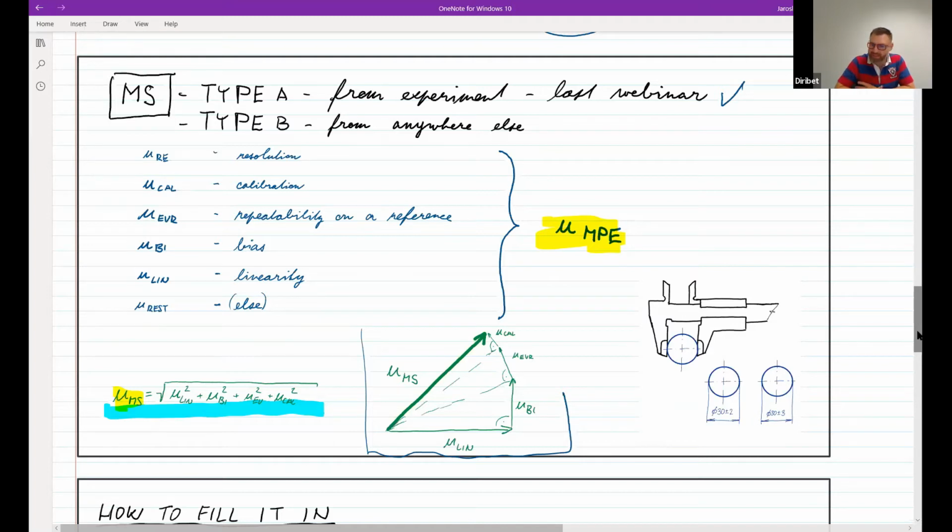So this is a nice thing about uncertainties. You really need to care about the big one. The small ones are negligible mostly because of the way we are calculating with them. And that's given by this very formula.